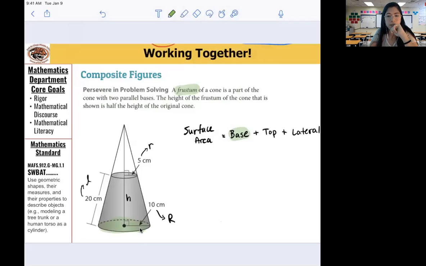It's a circle. It's just a circle, like any other cone. It's pi r squared, but we're using capital R. So pi R squared. What about the top?